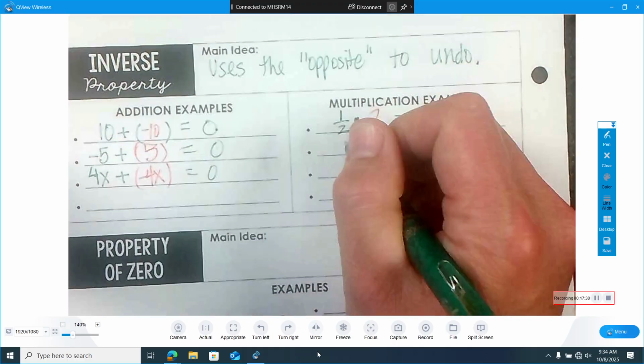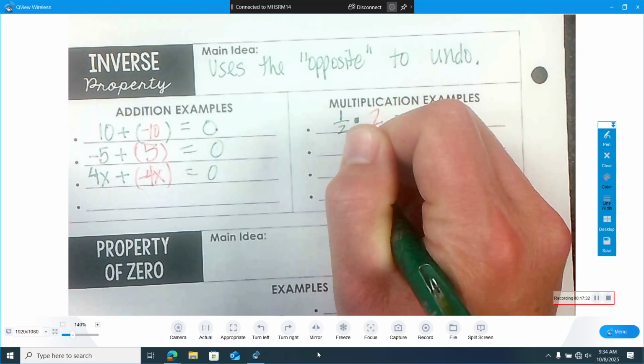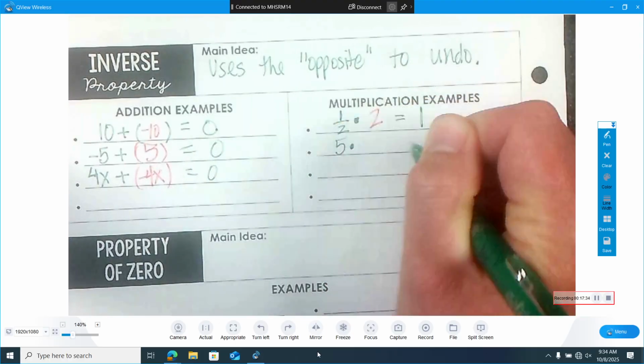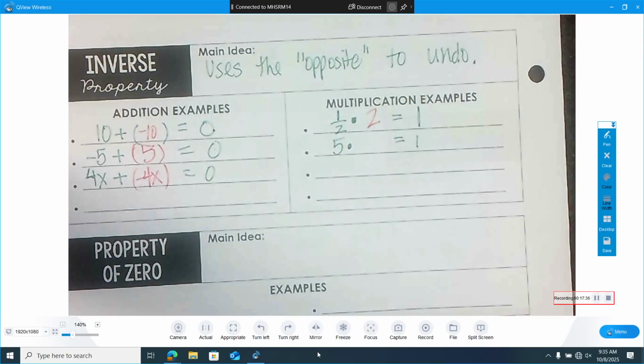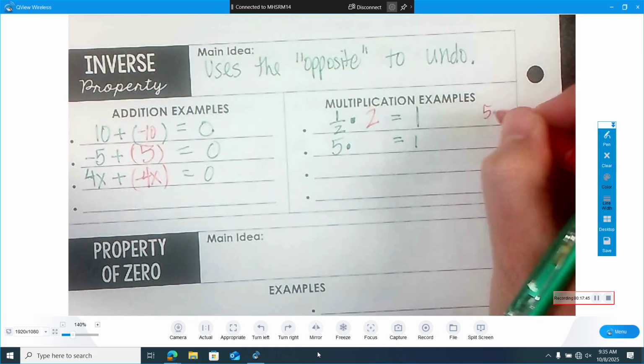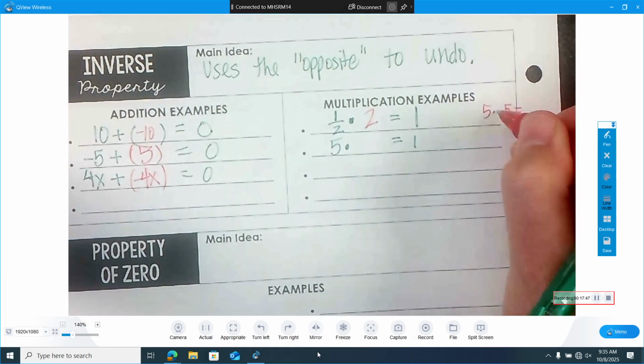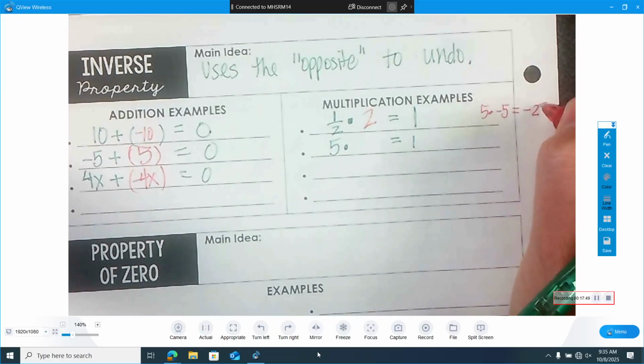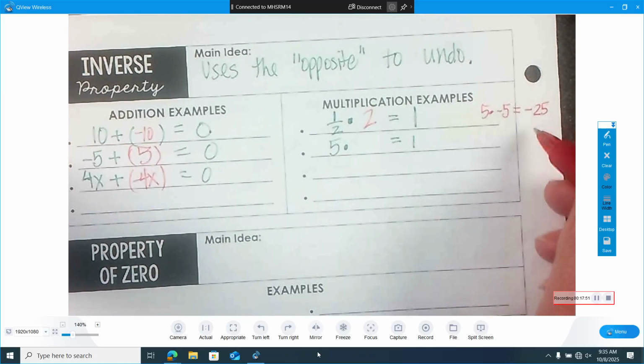All right, let's see. What if I have 5? 5 times what is going to give me a 1 here? Well, 5 times negative 5 is negative 25. So that doesn't cancel itself out.